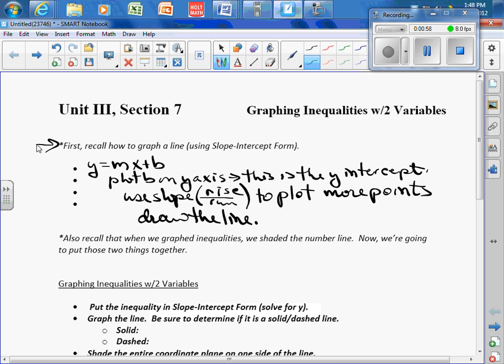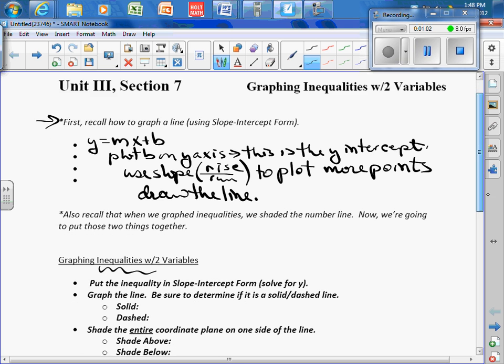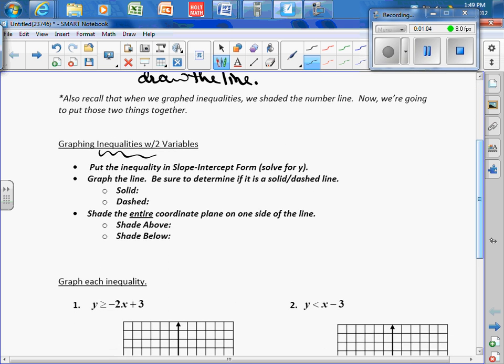Well, now when we do inequalities in two variables, here's what's going to happen. We're going to put the inequality in slope-intercept form just like we had before, but this time when we draw the line, it will either be a solid line or it'll be a dashed line. It'll be a solid line if you have less than or equal to or greater than or equal to.